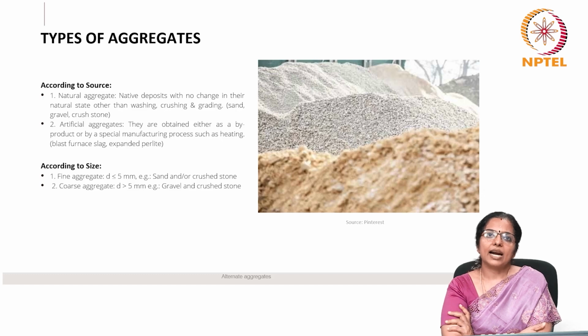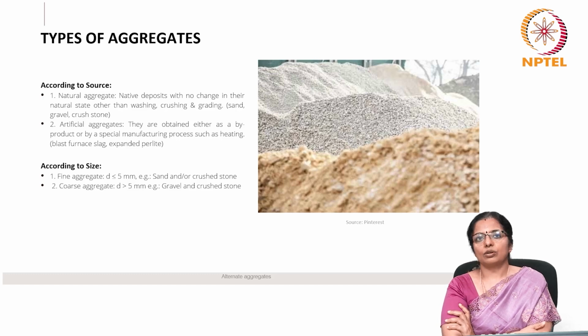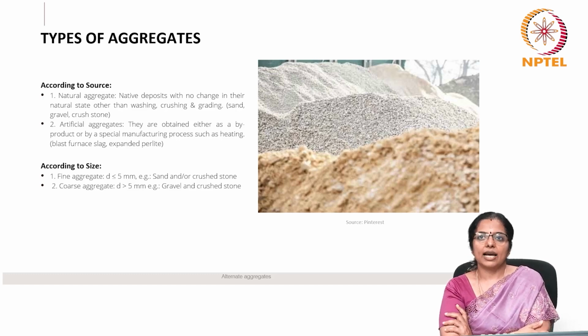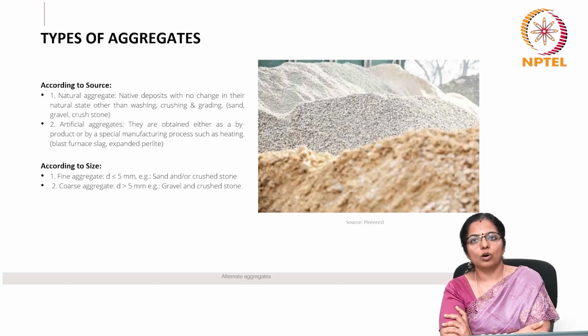Let us look at the types of aggregates. Aggregates can be classified based on the sources. We can have natural aggregates. These are native deposits with no change in their natural state other than washing, crushing and grading.